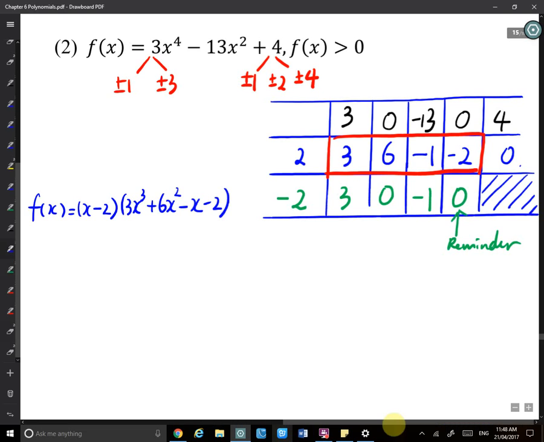So what I have now is f(x) equals x minus 2. And then in this cubic, I have x plus 2 times (3x squared minus 1). Okay, minus 1.